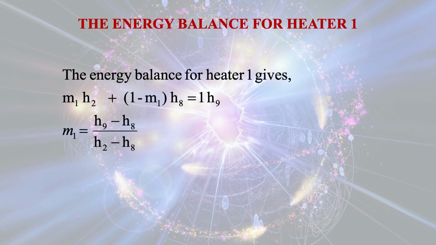So the heat balance for heater 1 gives M1 H2 plus (1 minus M1) H8 is equal to 1 H9, and if you do a little bit of algebra, you will find that the final value of M1 is equal to (H9 minus H8) divided by (H2 minus H8).